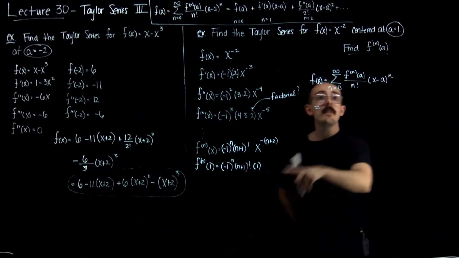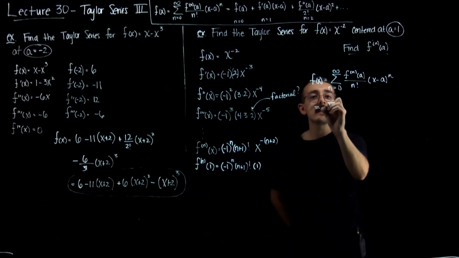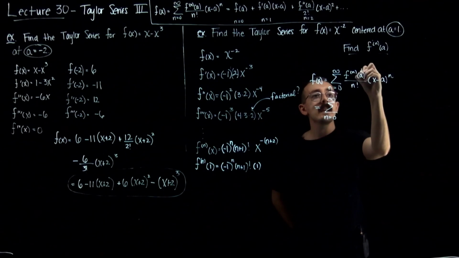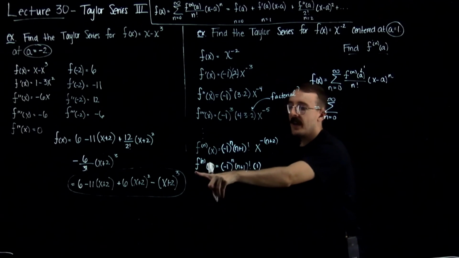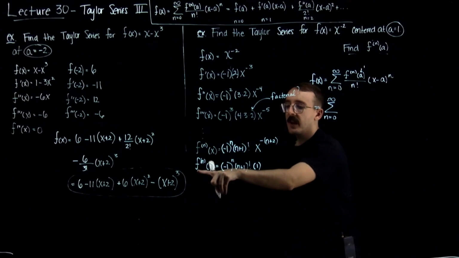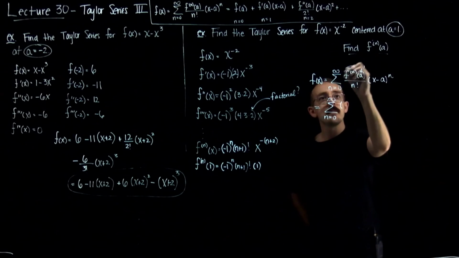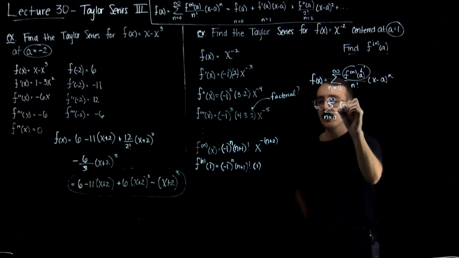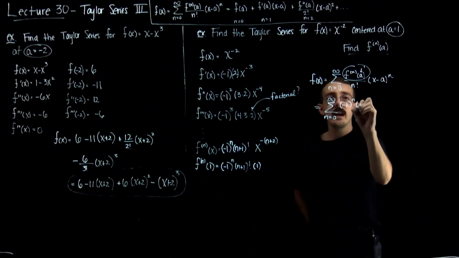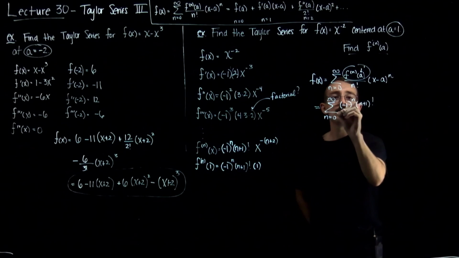So the nth derivative at 1 is going to be summation n equals 0 to infinity. This a right here is 1. So I found out what the nth derivative of f at 1 is. It's going to be plugged in right here. And that is negative 1 to the n plus 1 factorial.